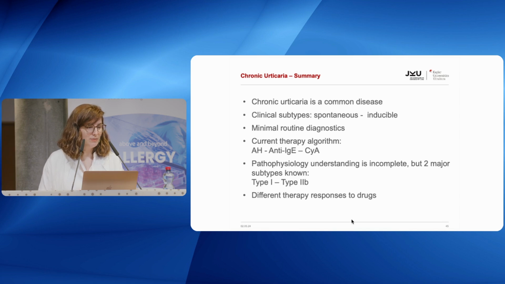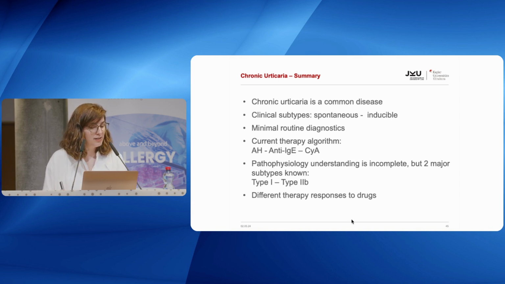This already leads me to my summary slide, where I hope I could show you that chronic urticaria is a very frequent and common disease. There are some clinical subtypes, typically the spontaneous and the physically inducible forms of urticaria. The current recommended routine diagnostic is rather minimal, I have to say, maybe too minimal, maybe something to discuss.